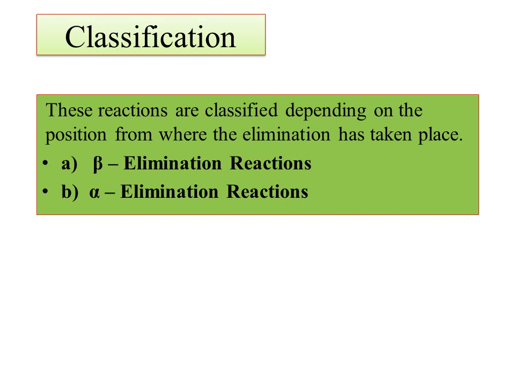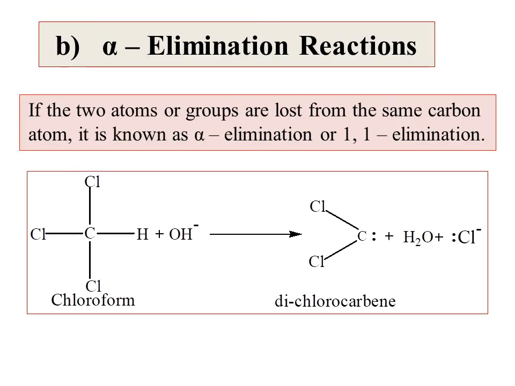These elimination reactions are also classified into two types, alpha elimination and beta elimination, depending upon where the elimination is taking place. If two groups are removed from the same carbon atom, that type of elimination we are going to call alpha elimination, or 1,1 elimination.